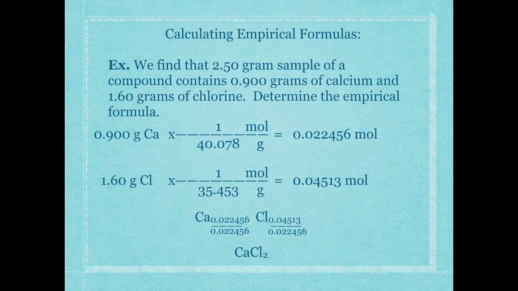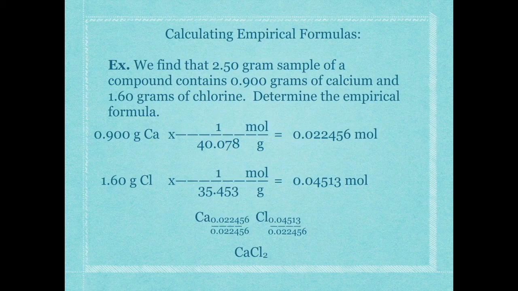If it's 1.9, you can round that to 2. If it's 2.01, you can round that to 2, that's fine. As soon as you get greater than a tenth off of a whole number, so for example, if I had 2.1 or 2.2, you cannot round. So we're going to have instances where you'll have 1.5. For example, in this problem, if I had CaCl 1.5, I cannot round that to 2.